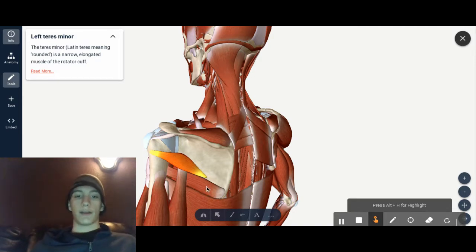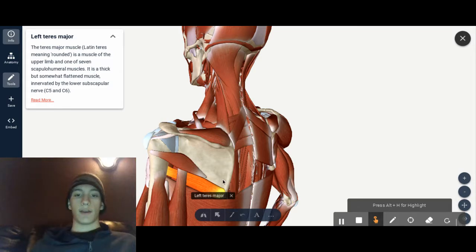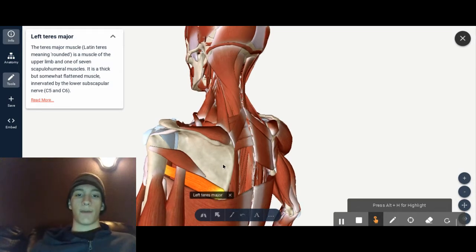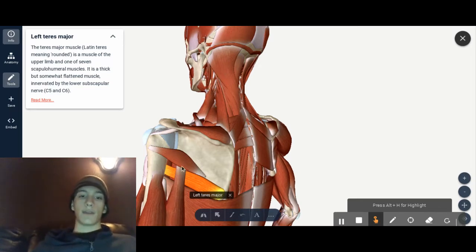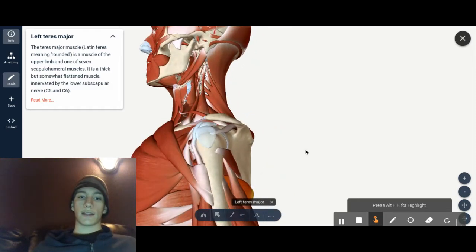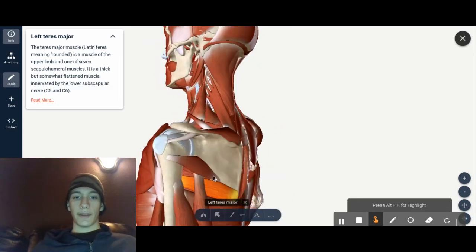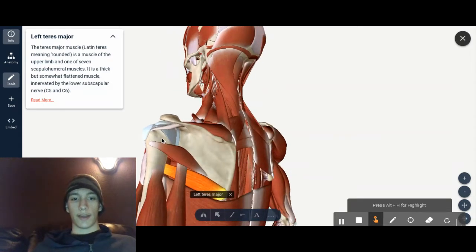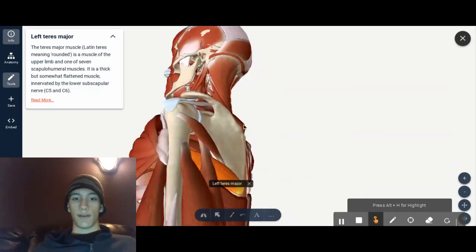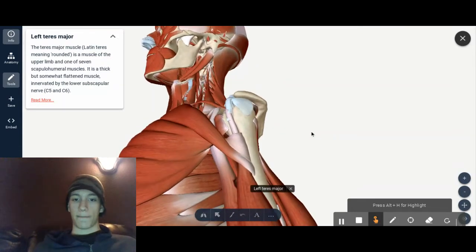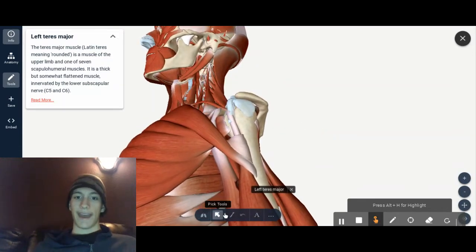This is your teres major. It goes on this part of the shoulder blade, or your scapula. Again, the inferior or lower edge, and unlike most of these muscles, instead of attaching to the greater tubercle, it attaches, if all these muscles would get out of the way, let's cut them away.